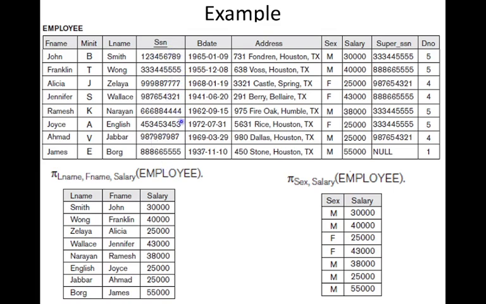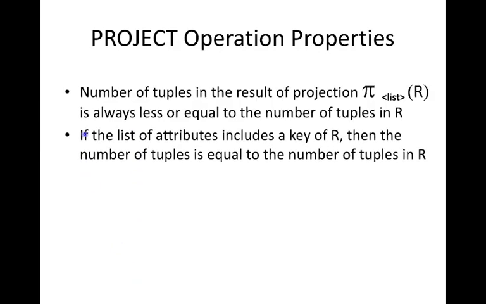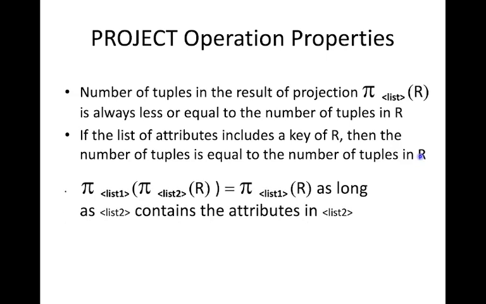So we have to list all the tuples. So if the list includes the prime or key attribute, or the primary key, any of the key attributes, then all the tuples will be listed. That is what is written here. If the list of attributes includes a key of R, then the number of tuples will be equal to the number of tuples in the original relation.